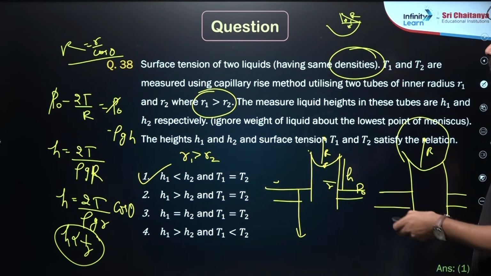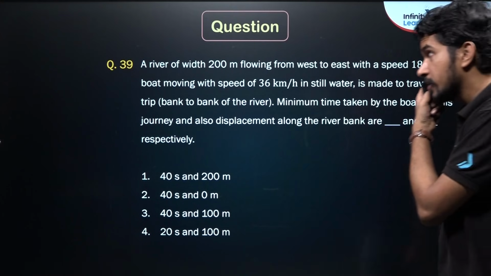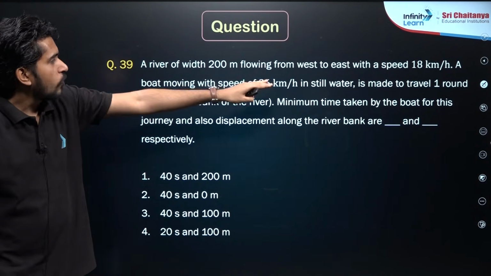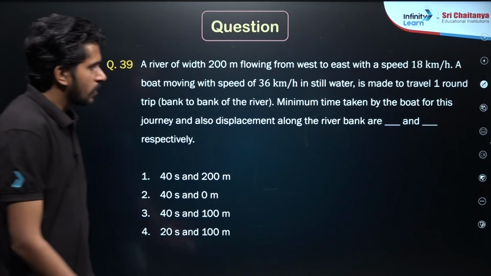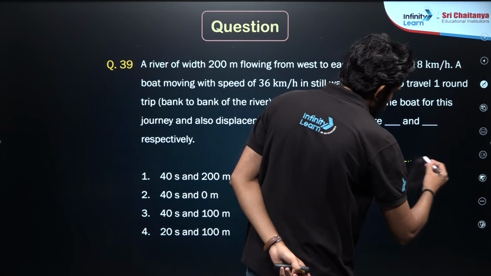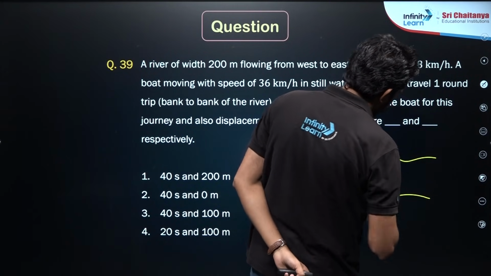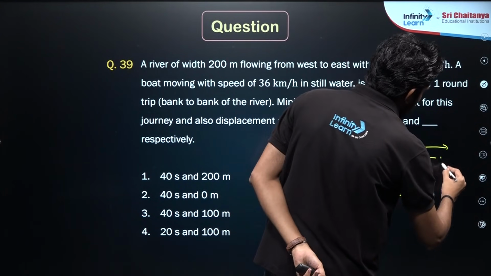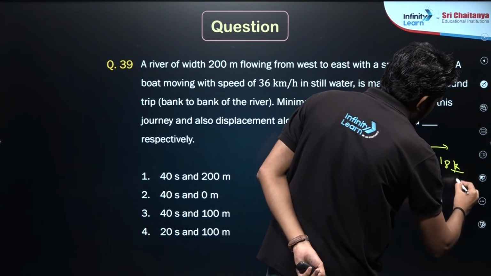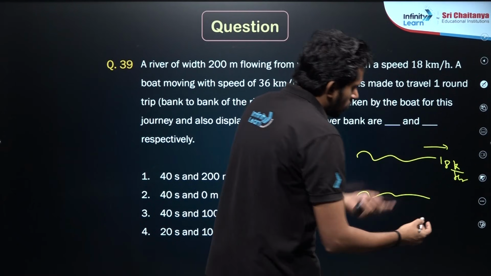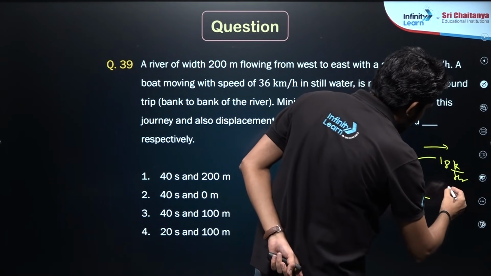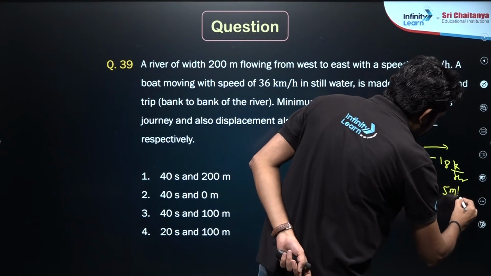Now the next question: a river of width 200 meter flowing from west to east. This is the river and it is flowing from west to east with 18 kilometer per hour. 18 kilometer per hour would be 18 by 5, no, 5 by 18, sorry, so 5 meter per second.